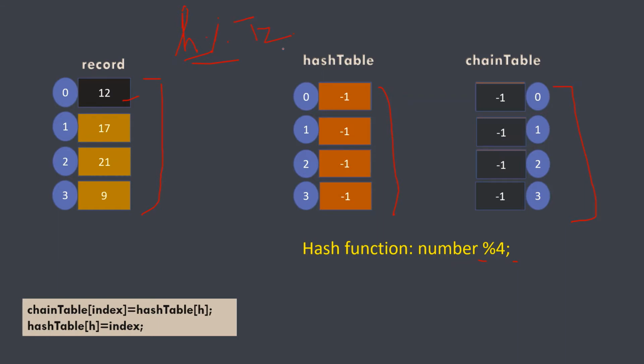With this, we will always get a value in the range 0 to table size - 1. So in the ideal scenario, the size of the hash table will be the same as the size of the record, and the same with the chain table.